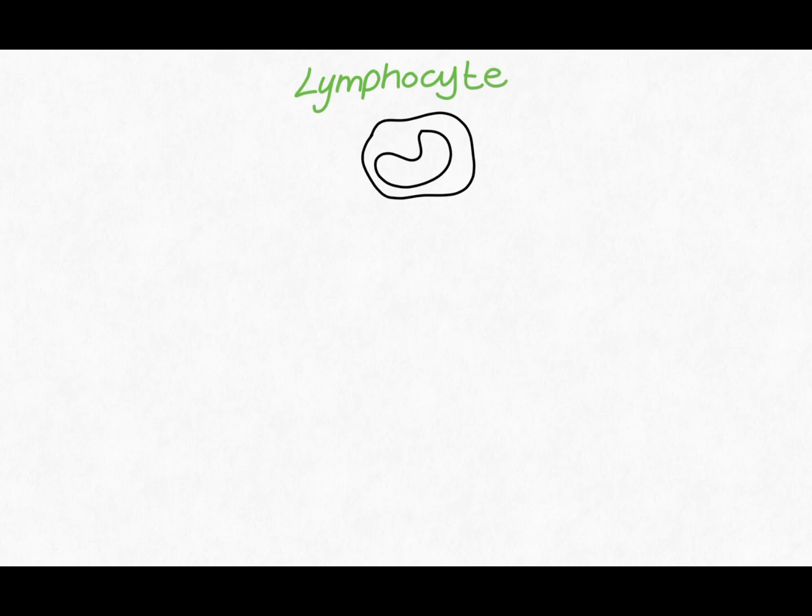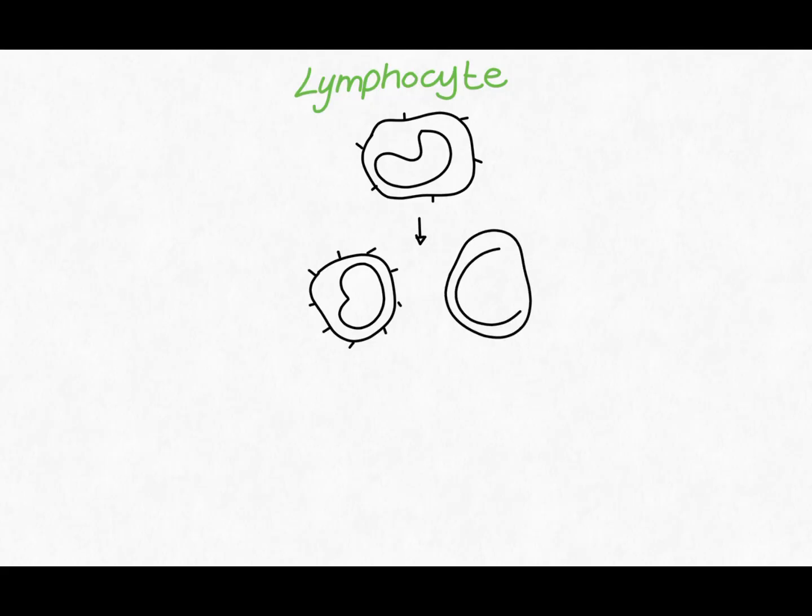So we can now put this whole immune response into perspective. First we have a lymphocyte. When a pathogen enters the body, the lymphocyte would recognize the pathogen and then start a process called clonal expansion, meaning that it will replicate itself into many more lymphocytes.